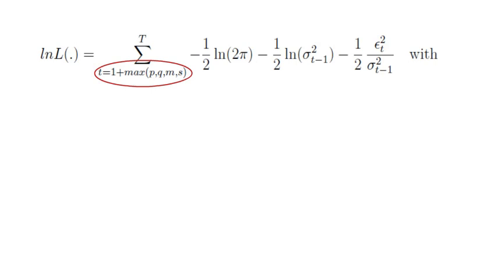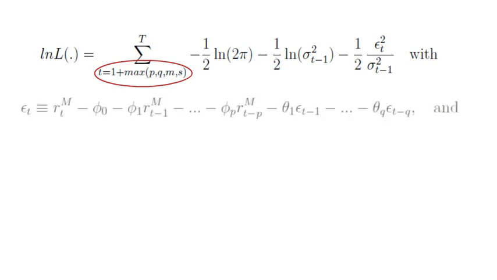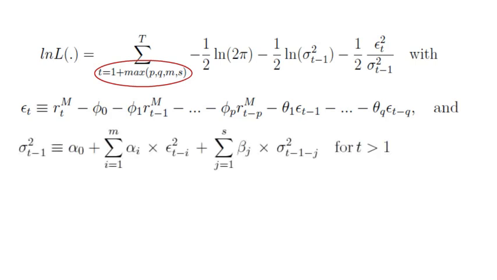Now the prediction error is defined as follows. You see, it's just the realized return minus the ARMA PQ parameterization, which also shows you that you can identify these parameters based on that likelihood. And the parameterization of the variance is that GARCH MS parameterization, which also highlights you can identify the alpha i's and the beta j's using that log likelihood function.